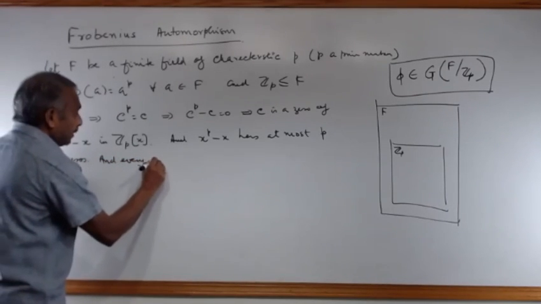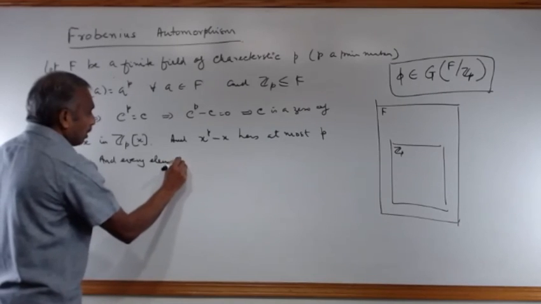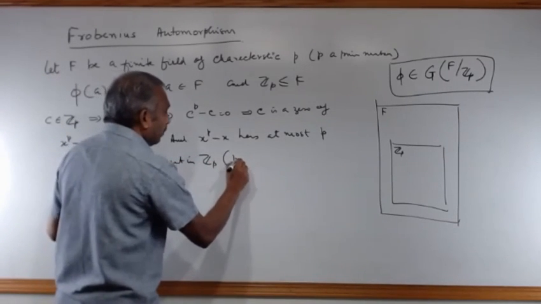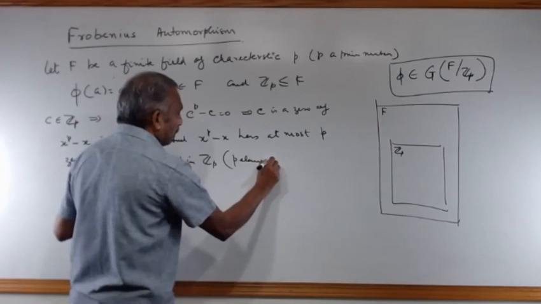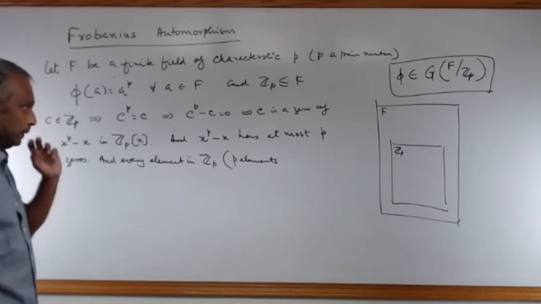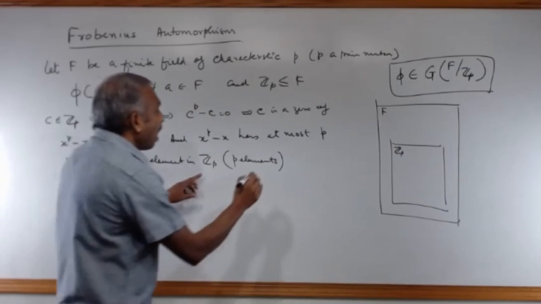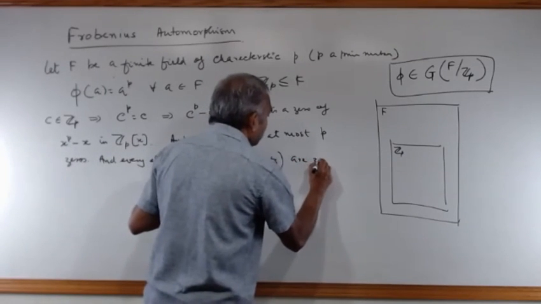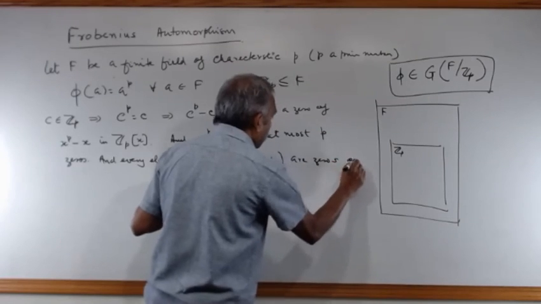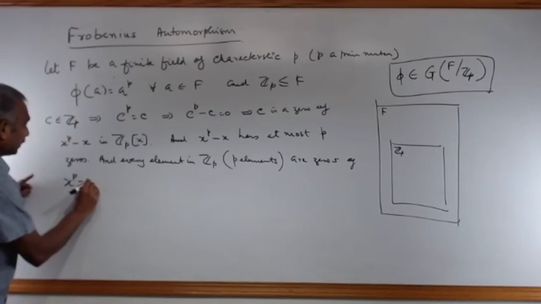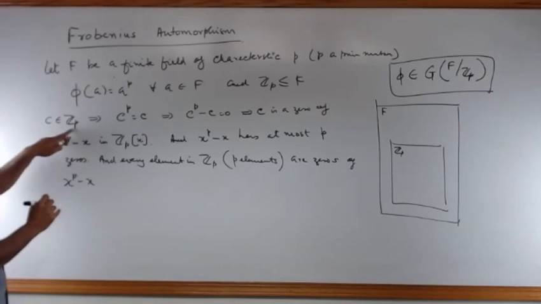Every element in Z_P is a zero of x to the power of P minus x, because C is any element from here.